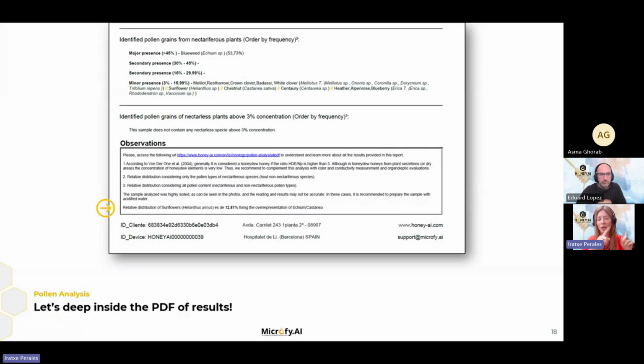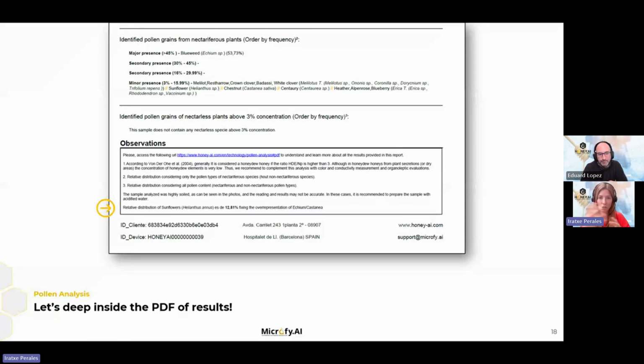We also have included, in case of a honey that has a high concentration of overrepresented pollen like echium or castanea, you have which would be the value of the target species, for instance, sunflower, if you remove echium and castanea from the counting. Some laboratories, if they consider that the pollen is overrepresented, they consider that it's not nectariferous, but polliniferous.